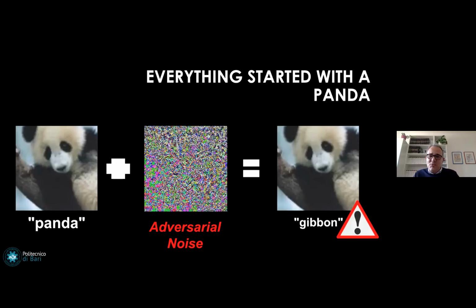Well, everything started with a panda, and this is the iconic problem that is presented when we talk about adversarial machine learning. It is quite an interesting problem. If we look at the image on the left-hand side of this slide, this is an image of a panda, and if we have an image classifier that is able to classify images of pandas or animals, generally speaking, we can train this classifier such that given this image, we have the label panda.